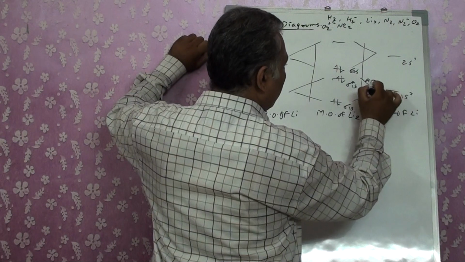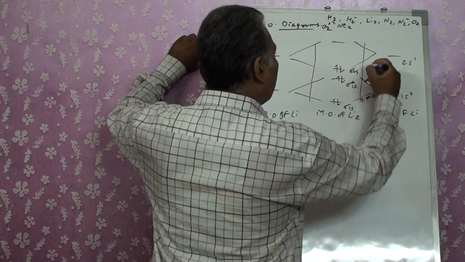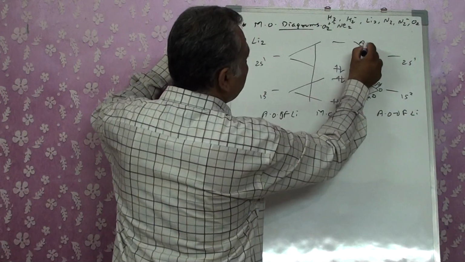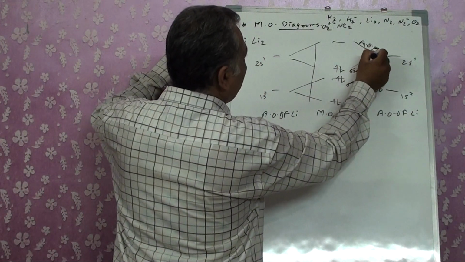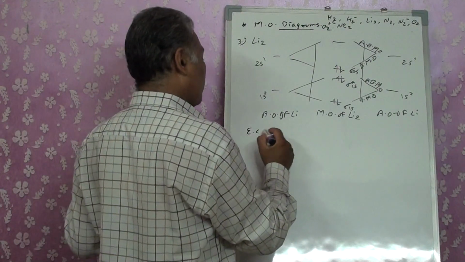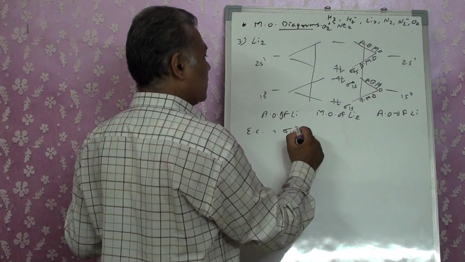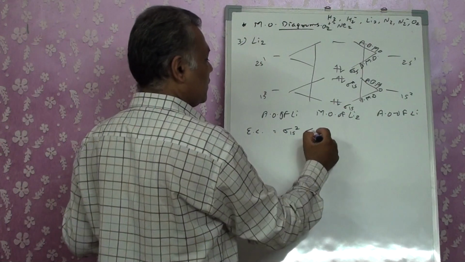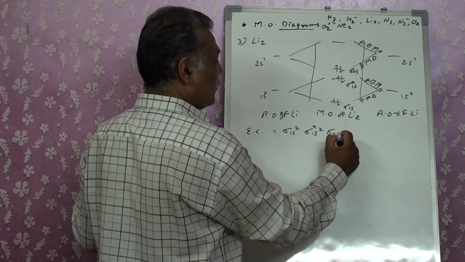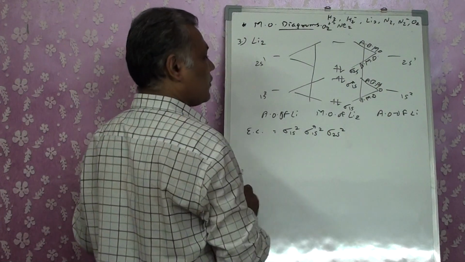This was an anti-bonding molecular orbital. Again this is a bonding molecular orbital. This one will become an anti-bonding molecular orbital. Right? So what is the electronic configuration? Sigma 1s has 2 electrons. Sigma star 1s has 2 electrons. Sigma 2s has 2 electrons.